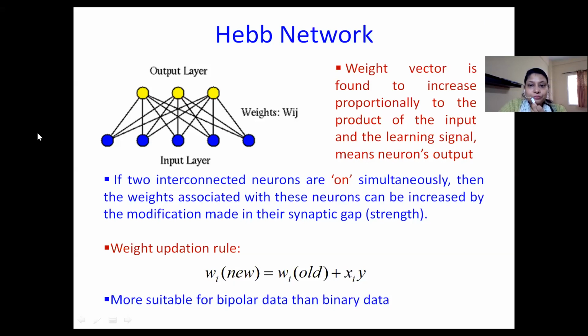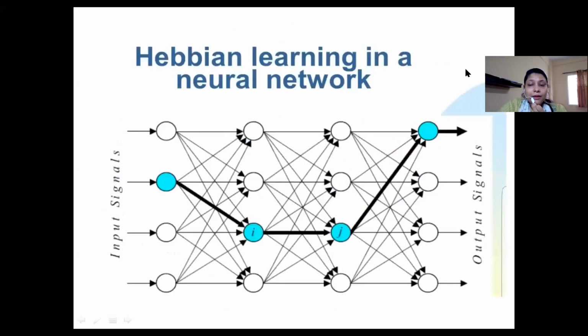Now, this is how Hebbian learning in a particular neural network takes place. In every such layer, you can see there is a first neuron, and you can have a particular connection with the immediate next neuron, right? Here you cannot expect any connecting links from the first neuron to a third layer neuron.